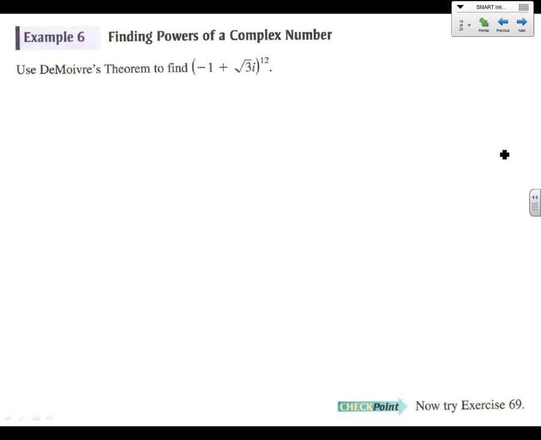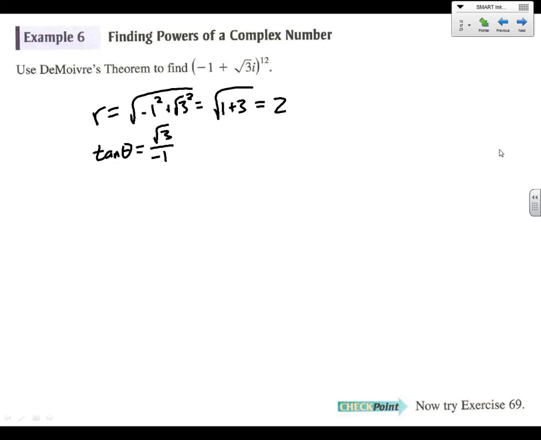So we need to be in trig form first, so let's find our r. So square root of negative 1 squared plus root 3 squared is square root of 1 plus 3. Square root of 4 is 2. And tan theta equals root 3 over negative 1. Inverse tangent of root 3.